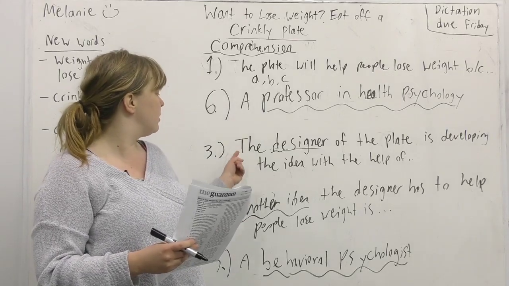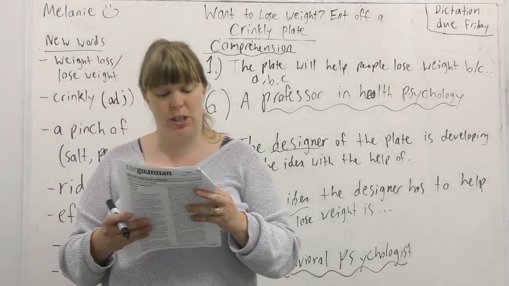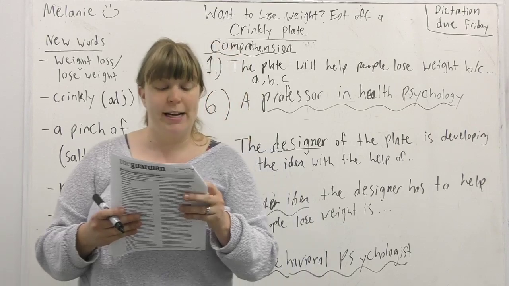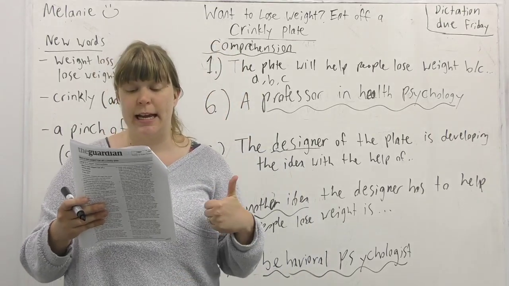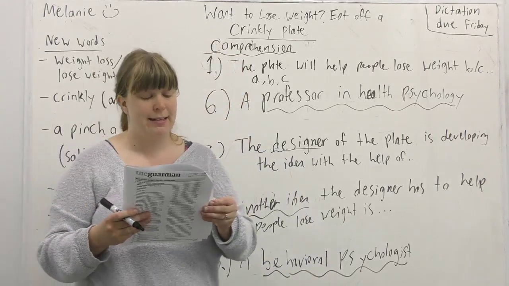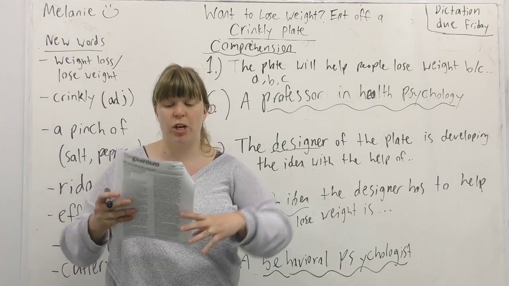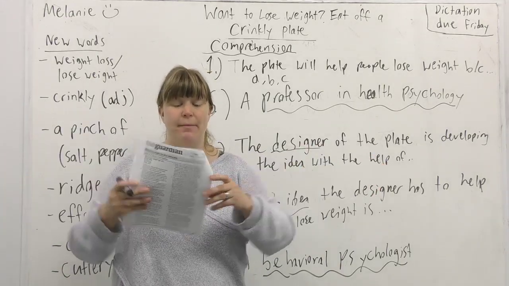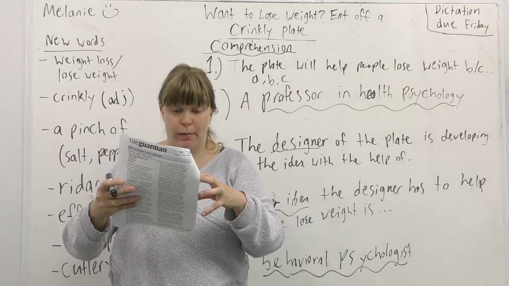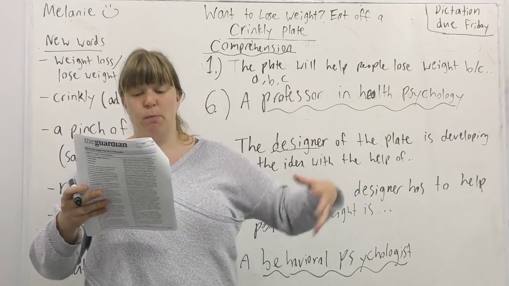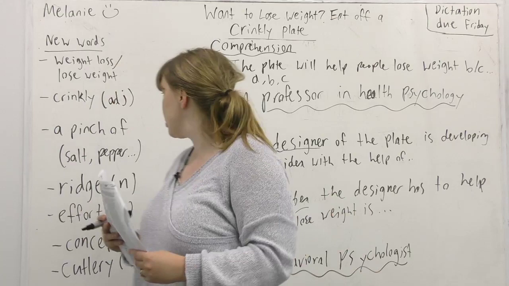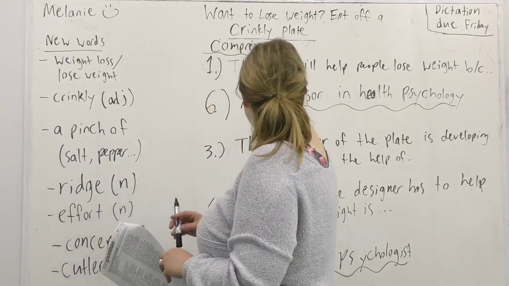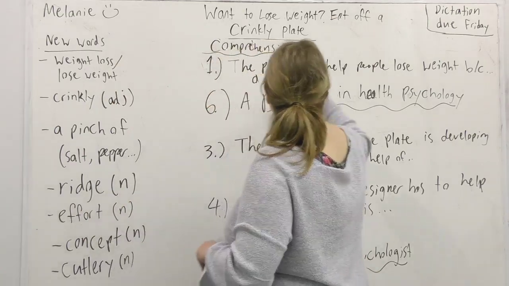And for number 2, which of the following is most likely to help you lose weight? A, a small portion on a large plate. B, a large portion on a small plate. Or C, a small portion that you think is a large portion. Maybe I could draw a picture.